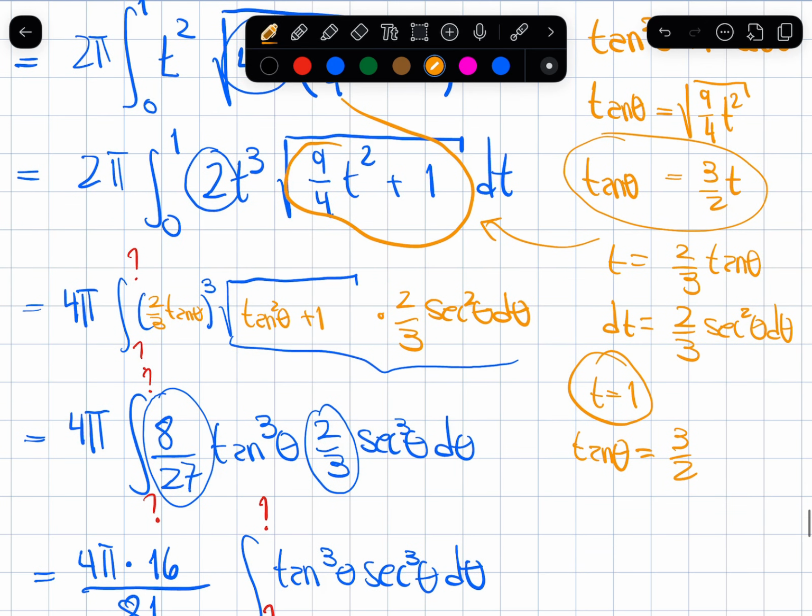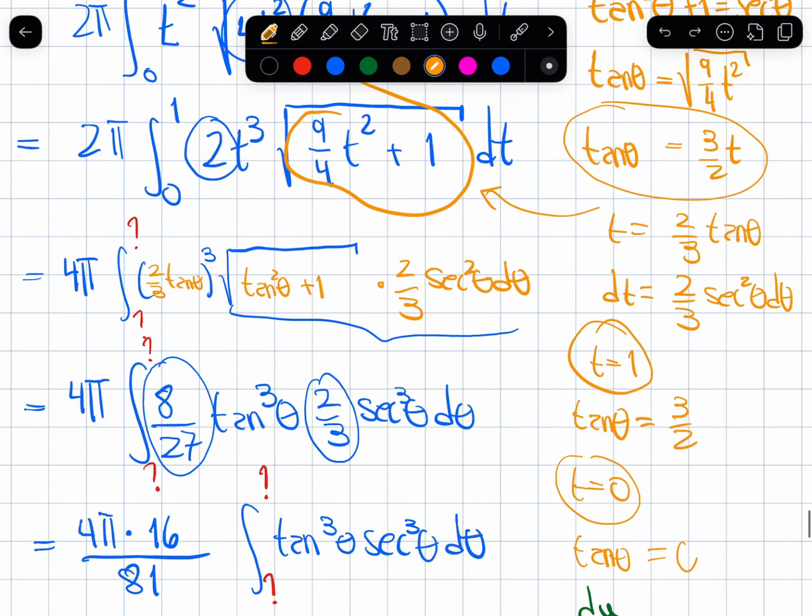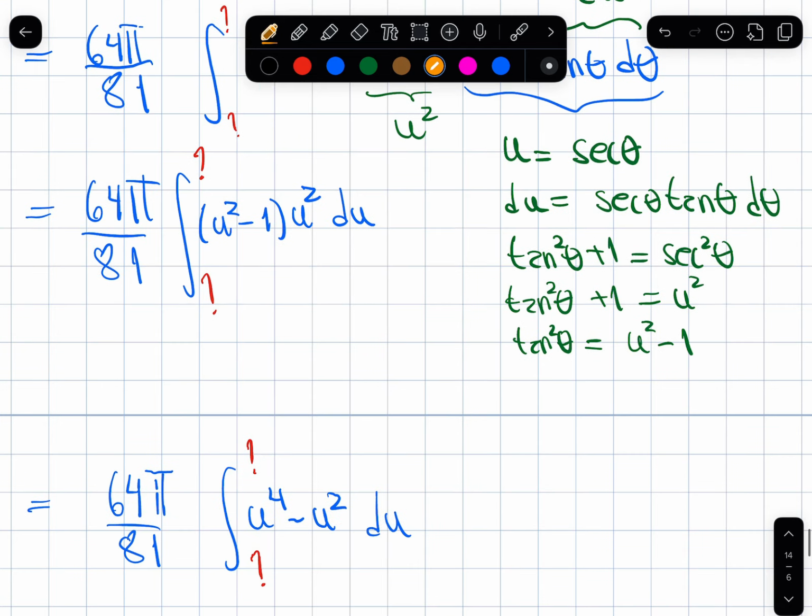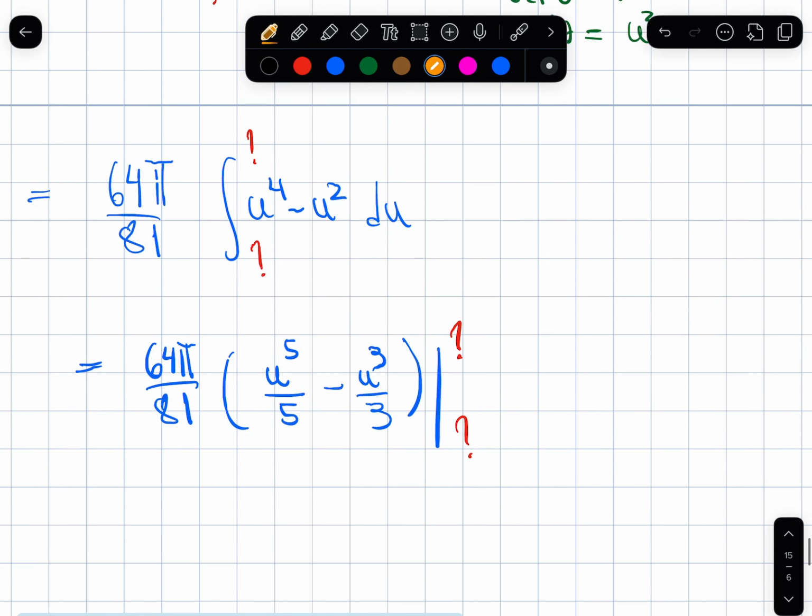What's theta? And when t equals 0, tangent theta is 0. So what's theta? You go in here, and then when you change it back to u, or if you want, you don't have to do that necessarily.